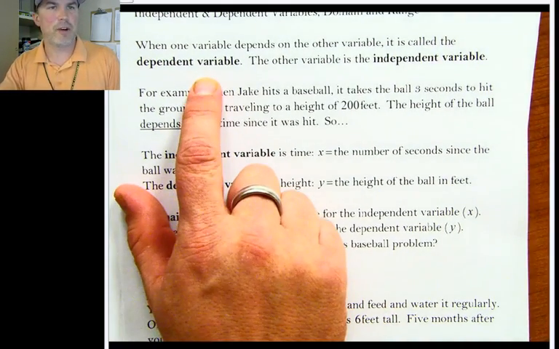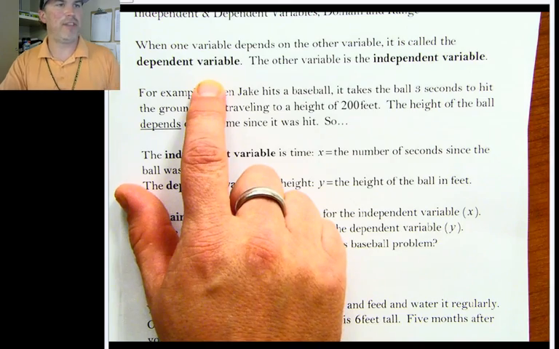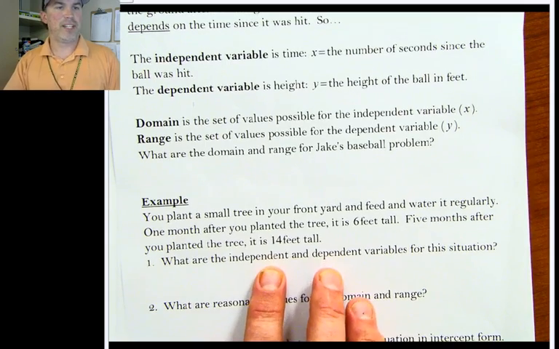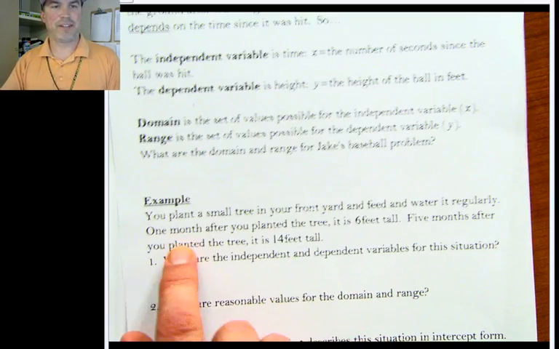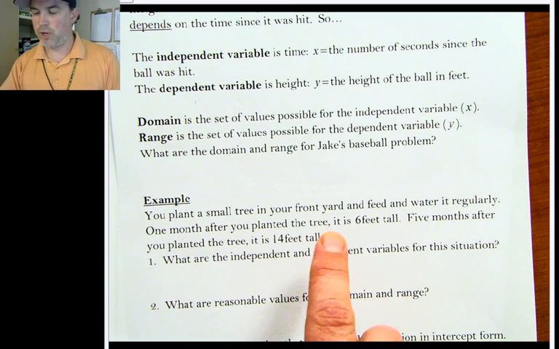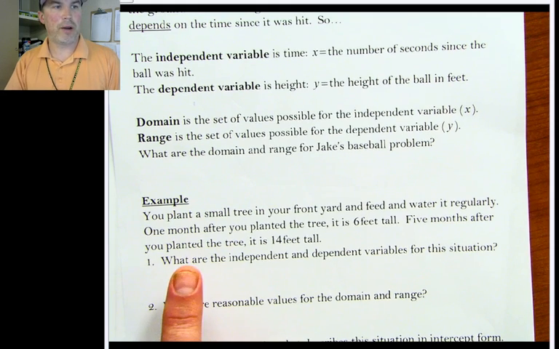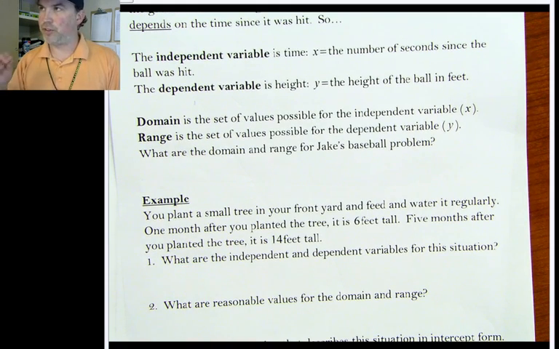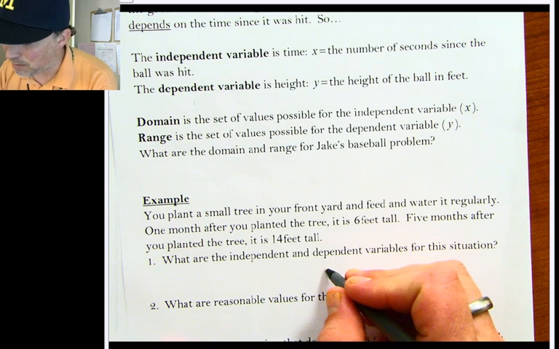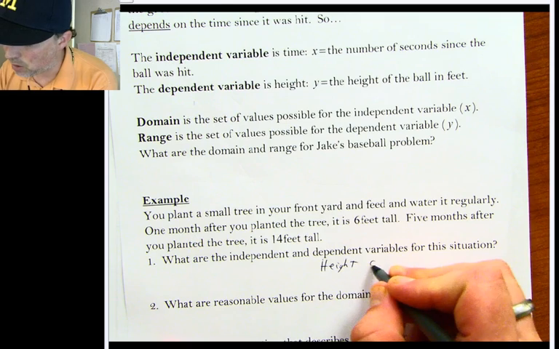The dependent variable is the variable that depends on the other variable. When we think about this situation, either time is affecting the height of the tree, or the height of the tree is affecting the time. Well, when you think about it, it's time that will determine the height of the tree. So the dependent variable in this particular case is the height of the tree.